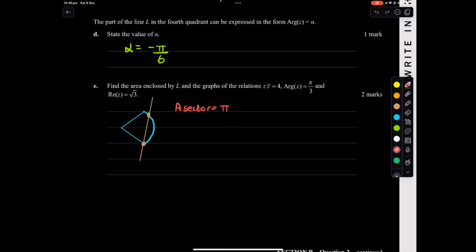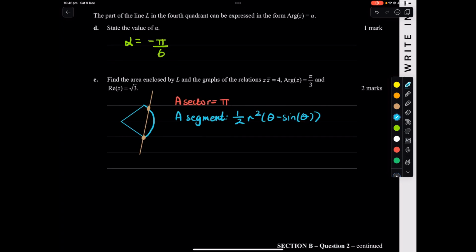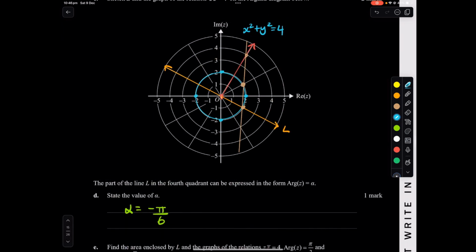Remember the area of a segment? Let's write it down. The formula is half r squared, theta minus sine theta. So in this case, r is the radius, and the radius is the same, still 2. If you come over here, we want this segment.